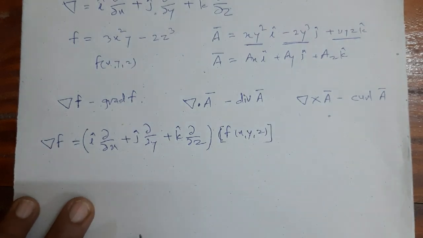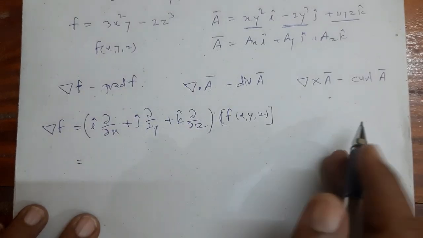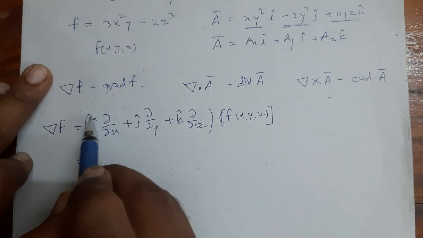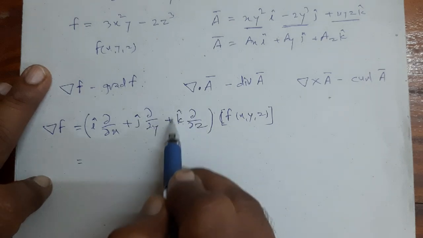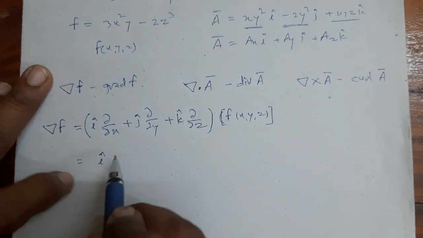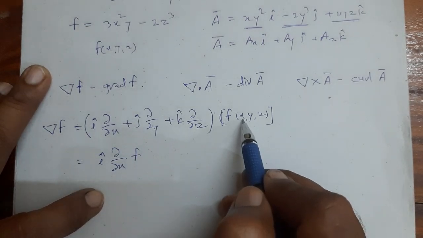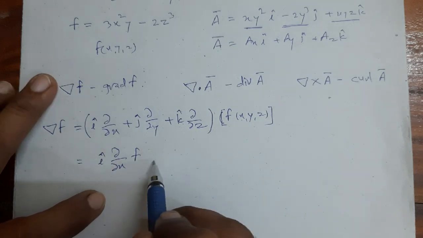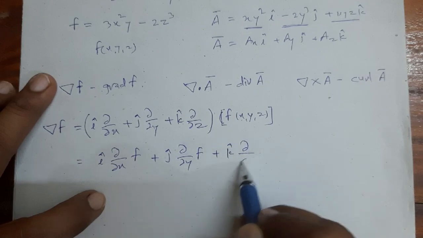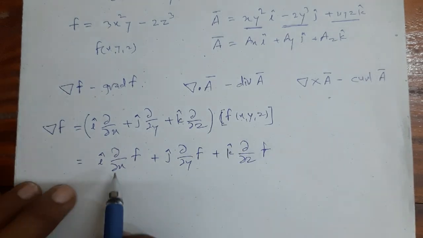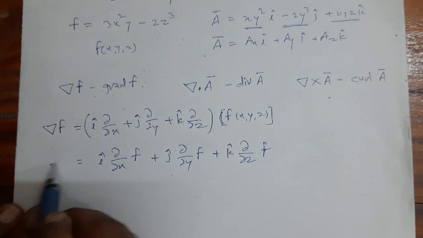Using the distributive property, I operate i cap ∂/∂x on the function, similarly j cap ∂/∂y on the function, and k cap ∂/∂z on the function. I can write it as i cap ∂f/∂x. It is not necessary to write every time that f is a function of x, y, z. Plus j cap ∂f/∂y plus k cap ∂f/∂z. This is the gradient of f, that is grad f.